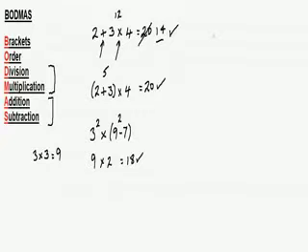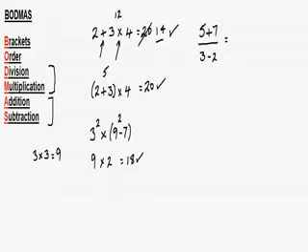Now sometimes you might get fractions. Let's say we have 5 plus 7 over 3 minus 2. Now you can see here we've got addition, subtraction, and we've got division, because it's 5 plus 7 divided by 3 minus 2.